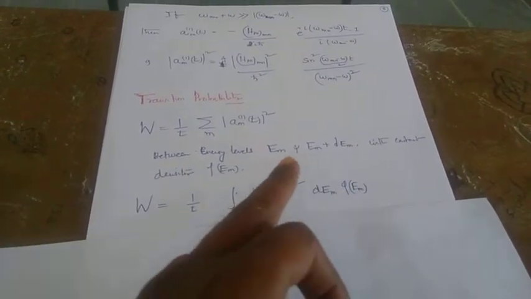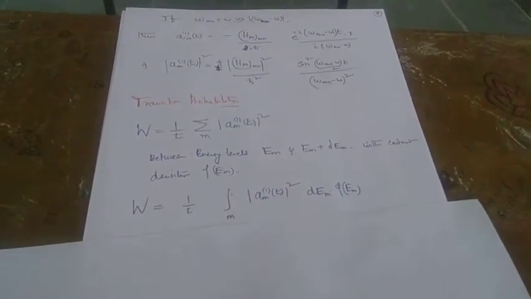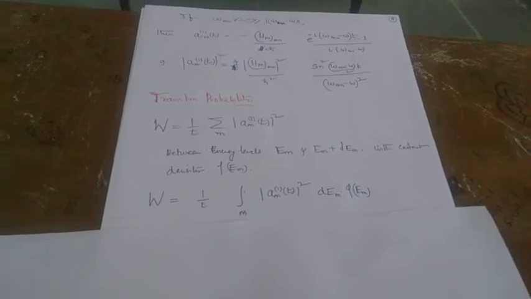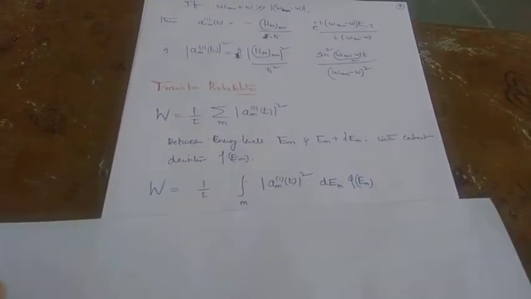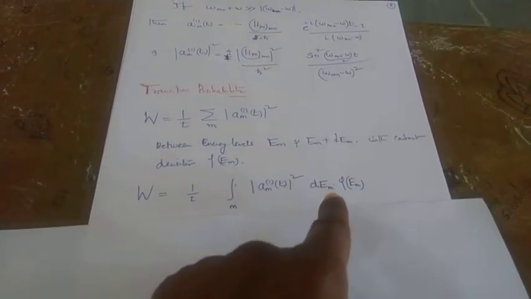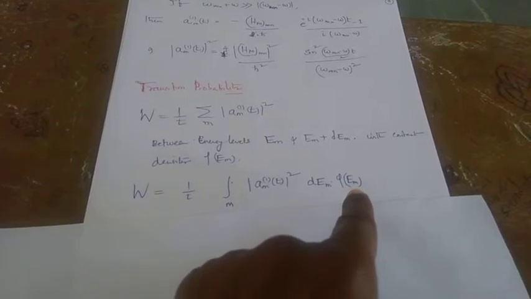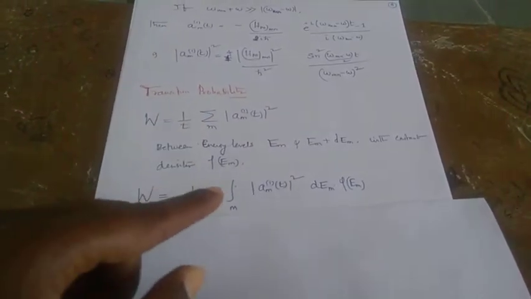And for continuous energy levels E_m, between the energies E_m and E_m plus dE_m, with the density of states as ρ(E_m), the number of states can be written as dE_m times the density ρ(E_m), and as they are continuous, we should replace this summation with an integral, so we get this expression.